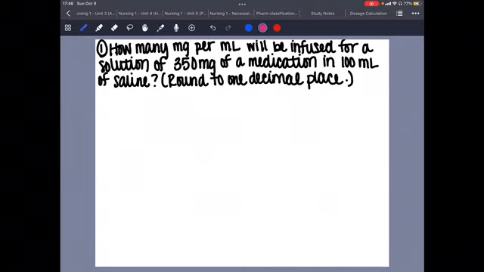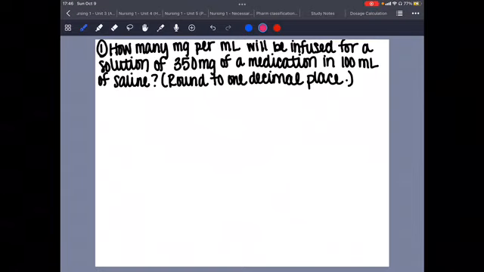So the question is, how many milligrams per mL will be infused for a solution of 350 milligrams of a medication in 100 mL of saline, round to the nearest decimal. I am sorry for butchering all of that. Did not mean to.